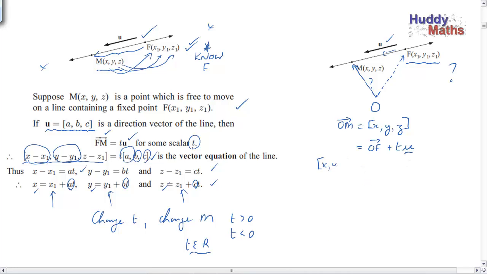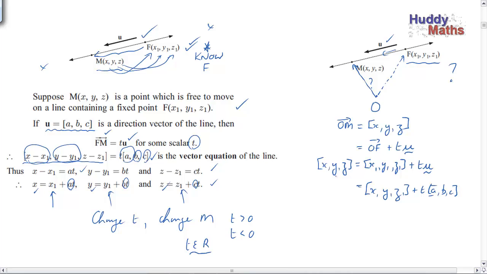So (x, y, z) equals OF, which is (x1, y1, z1), which is known, plus t times u. I like this one a little bit better. Okay, and what is u? It's (a, b, c). We're letting it be t by our vector (a, b, c).